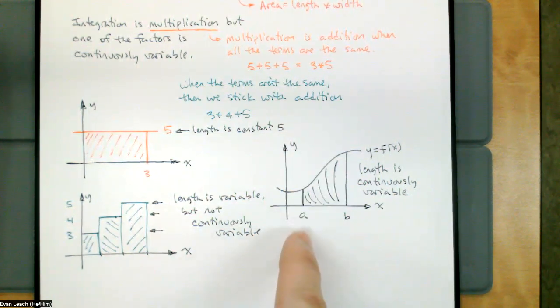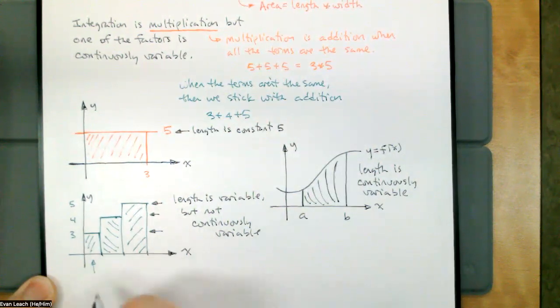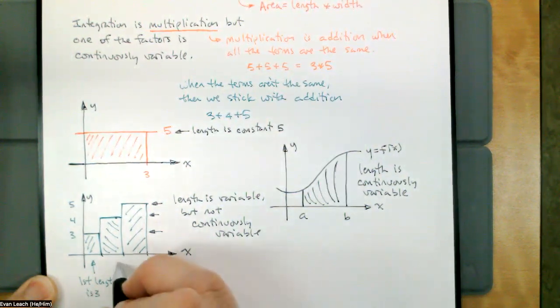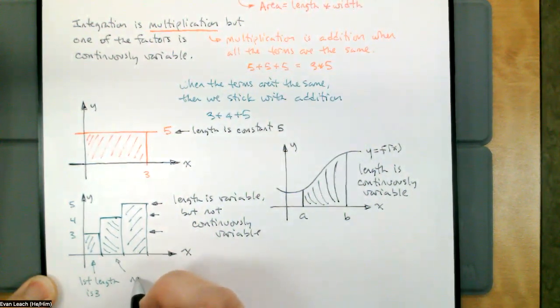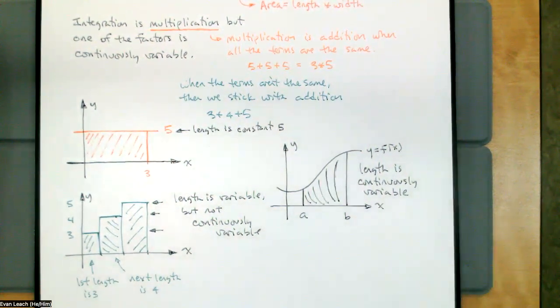The first height is f at a, whatever that height is. There is no next height because the height is continuously variable. So here we could say the first height is 3. I've been saying length. First length is 3. And we can just move on to the next length is 4.